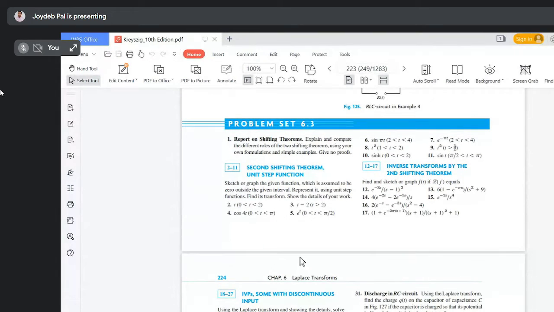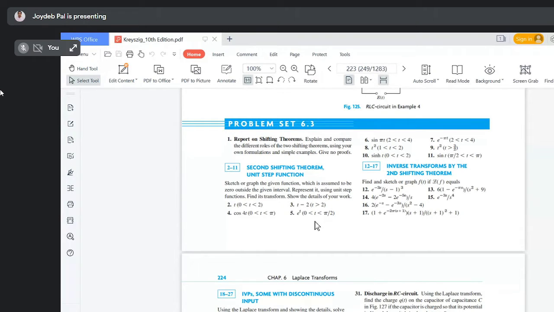We have to apply the second shifting theorem on this function. So here the functions are defined on some finite or infinite interval which is a subset of the positive interval, meaning a subset of 0 to infinity.